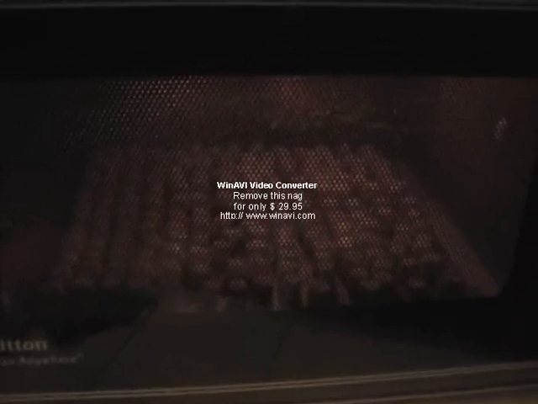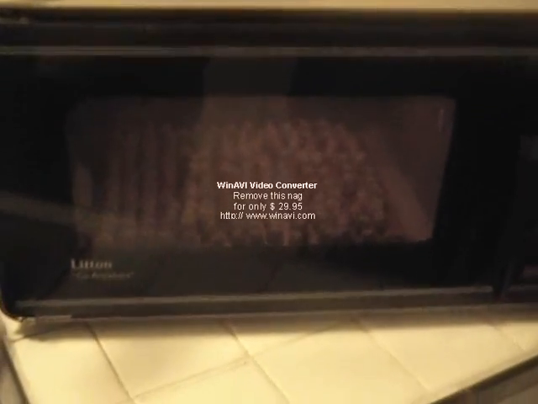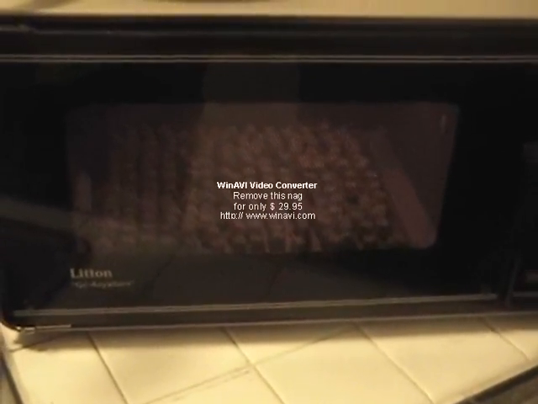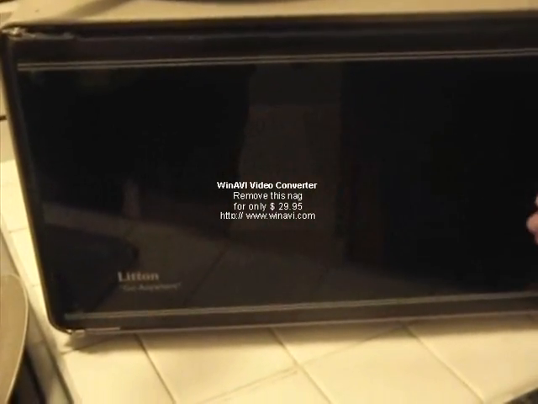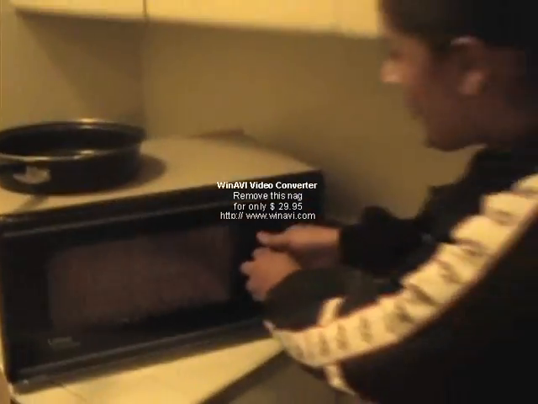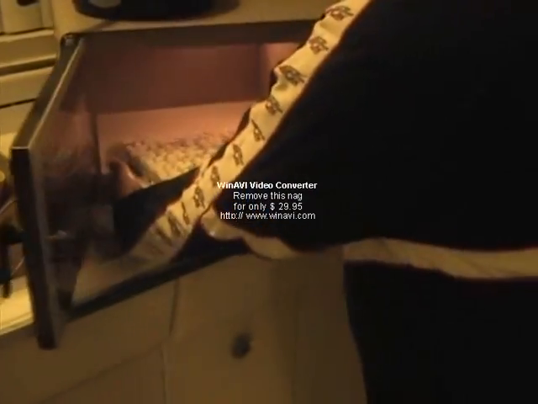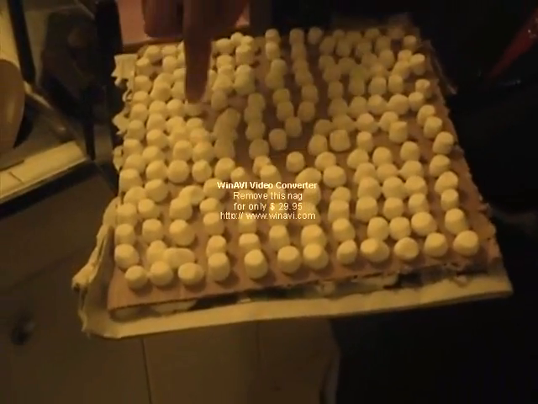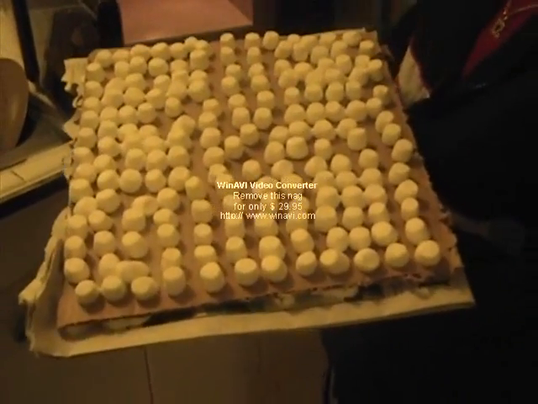Okay. Alright, they're done. Let's check them out. Oh, it smells good. As you can see, most of the hot spots were probably in the end. That's where it was most hot in the microwave. So let's take them out and measure them.